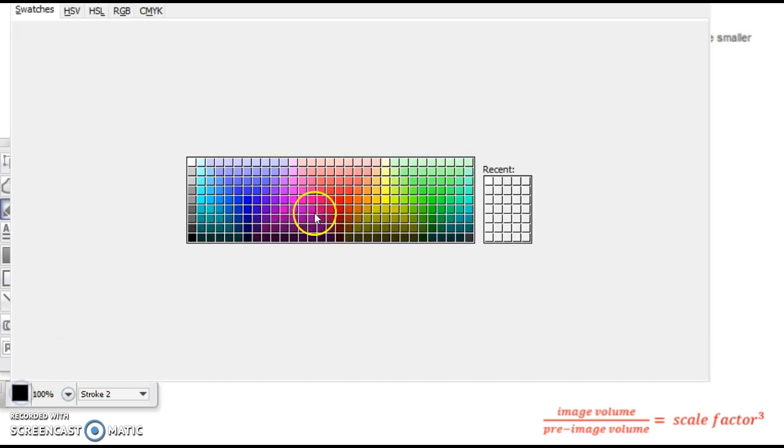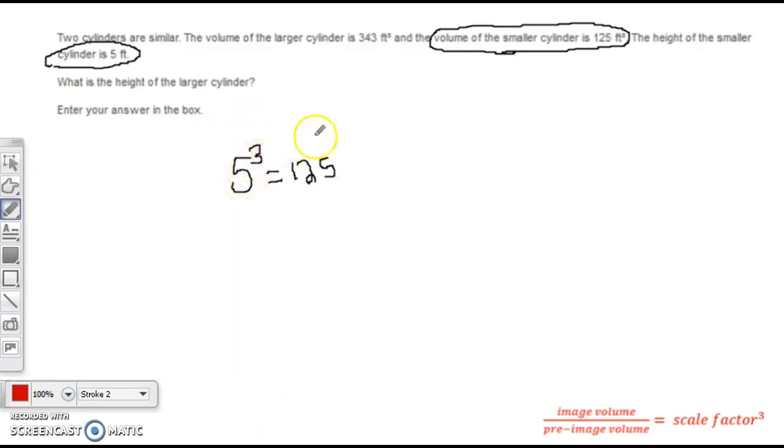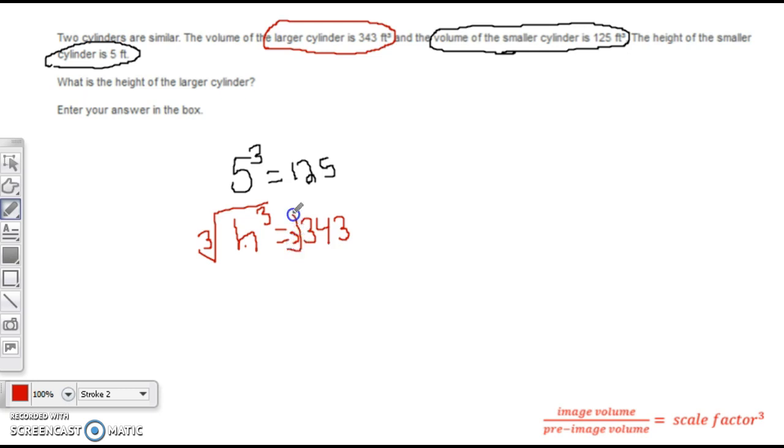So then I kind of thought backwards, and I said, okay, well, if I know 5 cubed is 125, then I know for the larger cylinder, the height has to be cubed to equal the volume of the larger cylinder. So I kind of worked in a weird way on this one, but I basically just asked myself what number cubed equals 343. Or you could take the cube root of each side, and that would give you that the height equals 7. So 7 is our height in this problem.